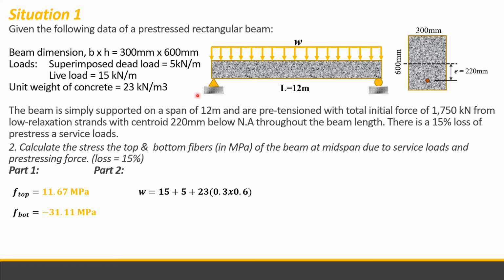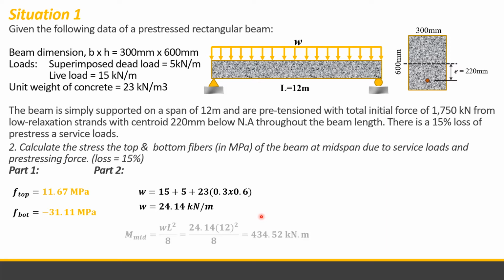And for the weight, yung unit weight of concrete is 23 kilonewton per cubic meter. So we will multiply the cross section of the beam, that is 0.3 meter by 0.6 meter. So magiging kilonewton per meter na siya. So the total distributed load for the beam is 24.14 kilonewton per meter.